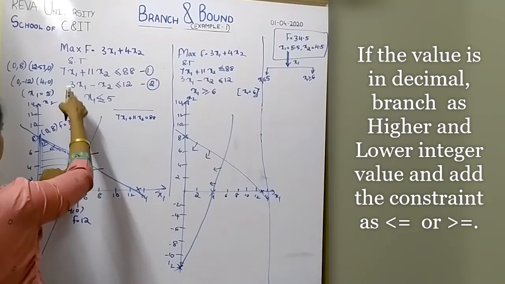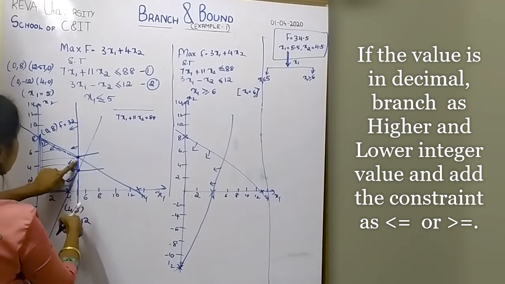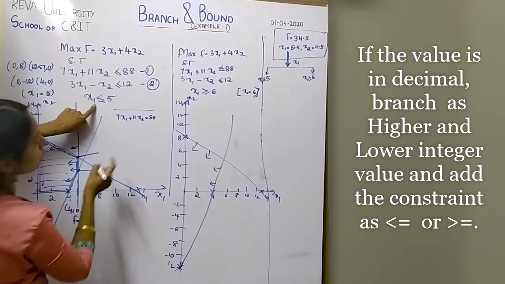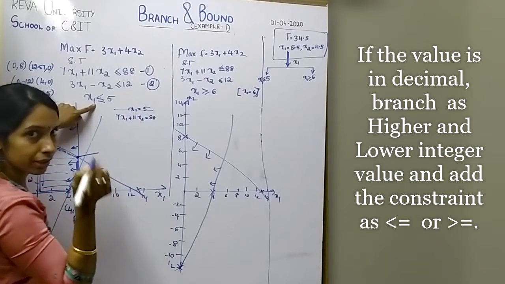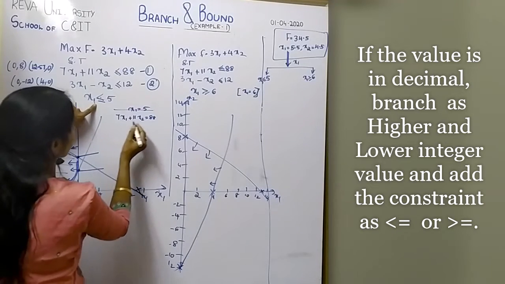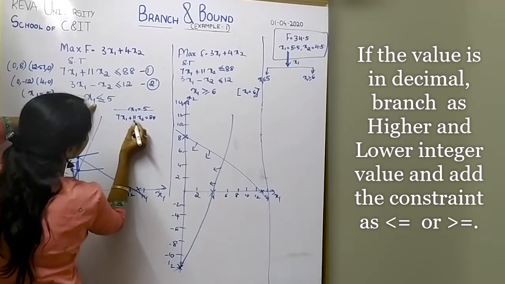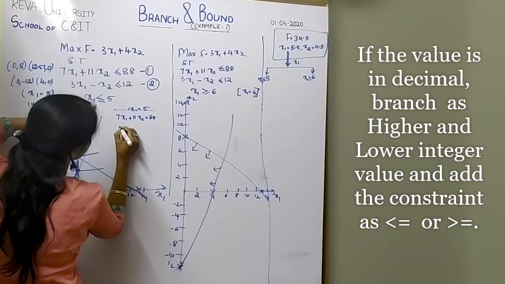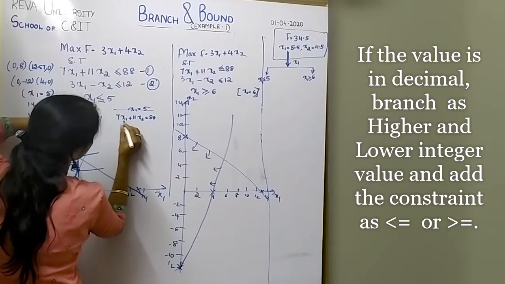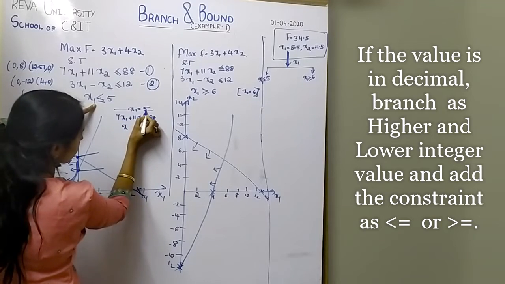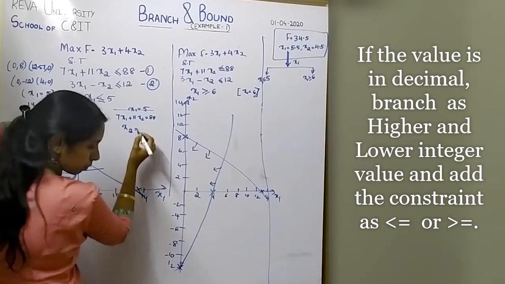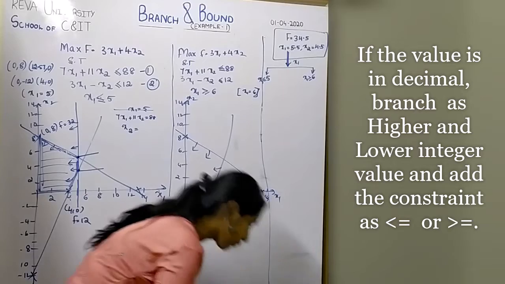And the other is x1 is equal to 5. So you know that x1 is equal to 5. The only thing is you have to find x2. So just solve this one. Substitute 5 in place of x1. If you solve this, you will get 4.818.